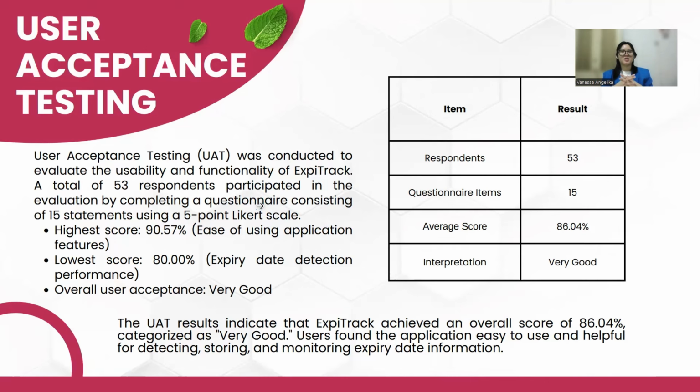There are 15 statements based on 5 aspects, and the result is that the application achieved an average score of 86.04%, which falls into the very good category on the Likert scale.